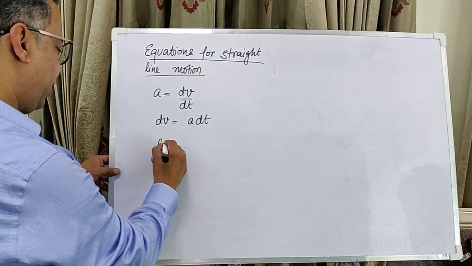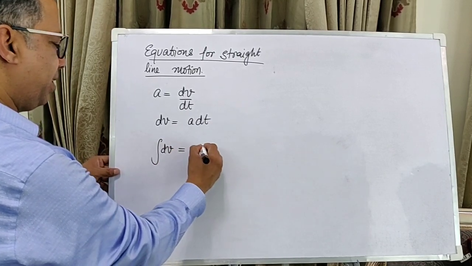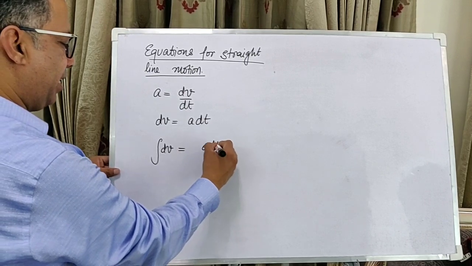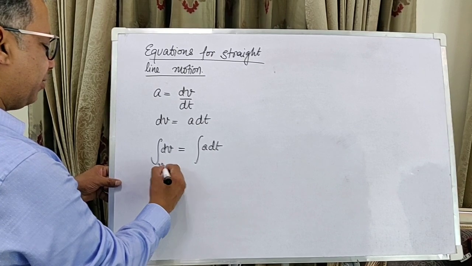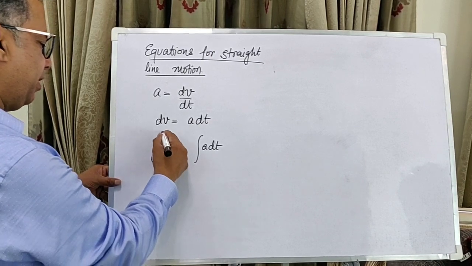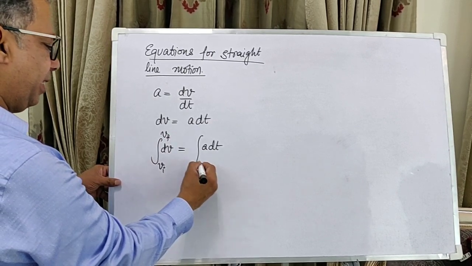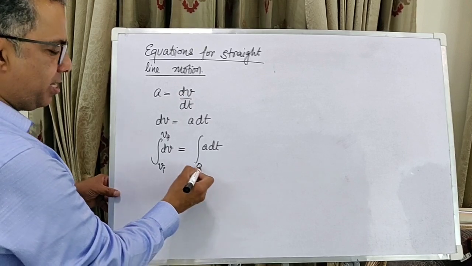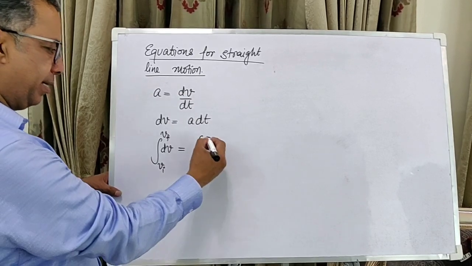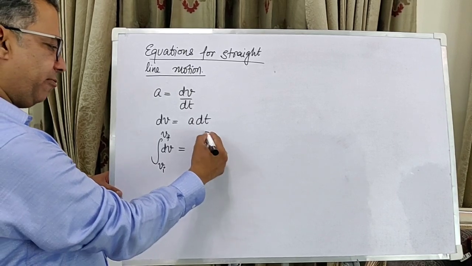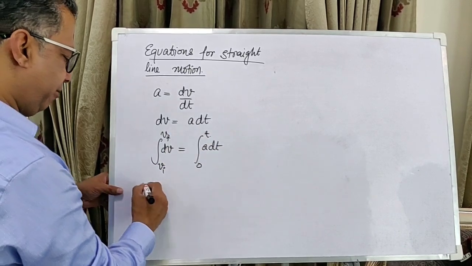So we are integrating dv on the left hand side and integrating a dt on the right hand side. This starts with vi, the initial velocity, vf, the final velocity. Let's say when we started looking at motion, time was 0, and that's when velocity was vi. And then when time is t, velocity is vf.